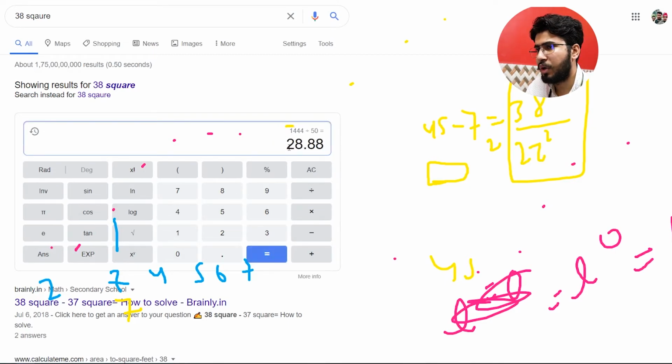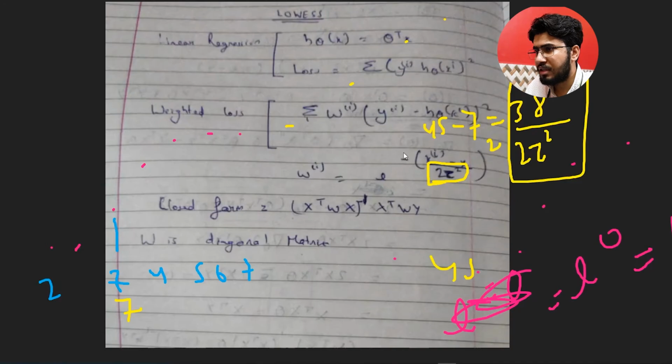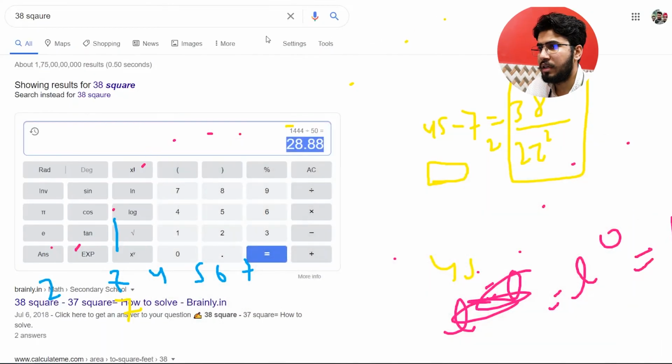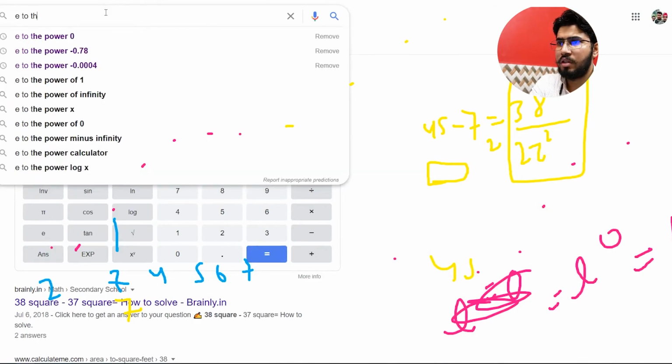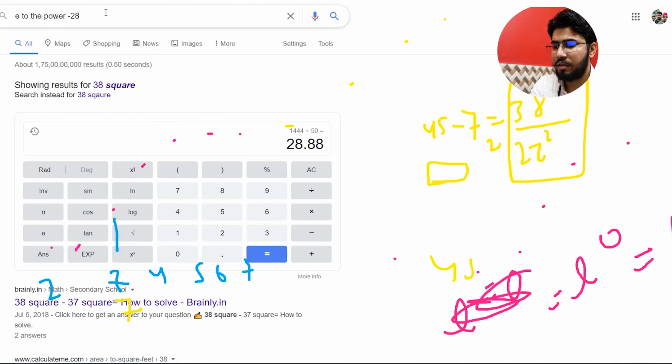It is going to be 28.88, and we also have the negative sign, so this value is going to be minus 28.88, so e to the power minus 28.88. So let's see what it is going to be.